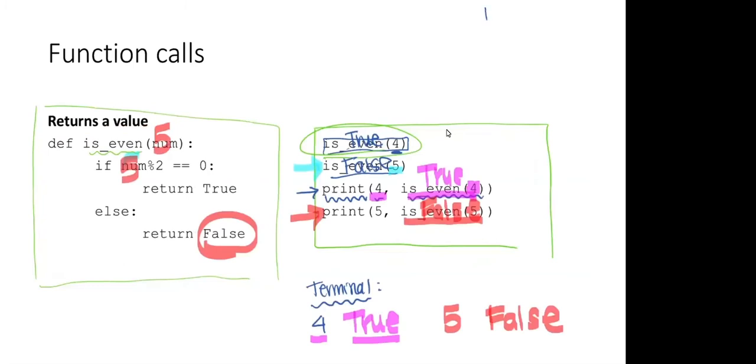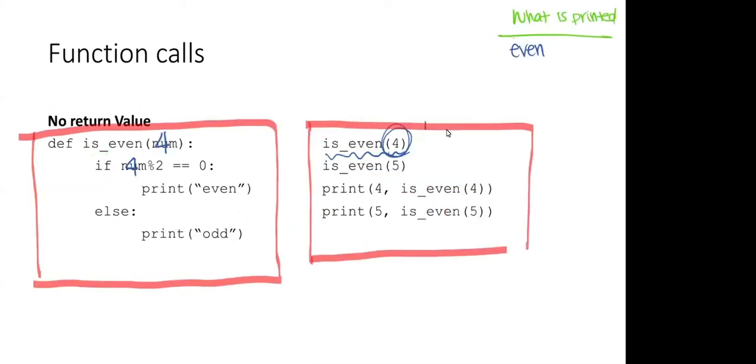So in terms of what is being printed here, we only had 4 true and 5 false. However, this one does print something. That's because our function is being told to print even. So it prints even. Nothing is returned, however. We'll see that in just a moment.